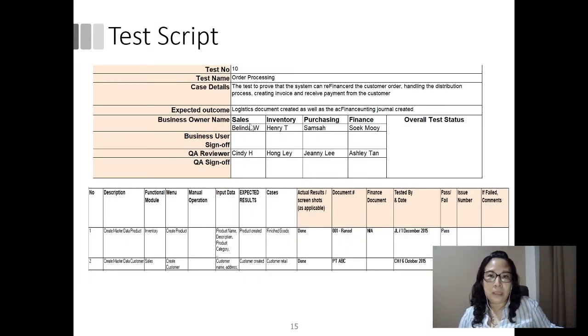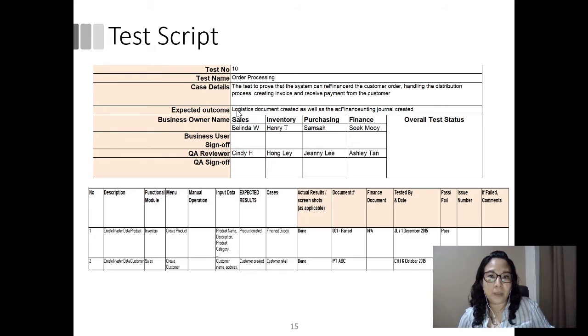The testing script will look like this. You will define, for example, test script number 10, and then we put the testing name as order processing, explain what the details are, and explain what the expected outcome is.